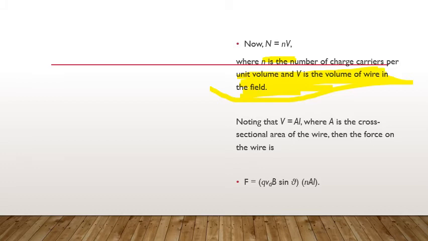Here V is the volume of the material, and V, the volume, can be written as A into L. L is the length of the wire and A is the cross-section area of the wire.